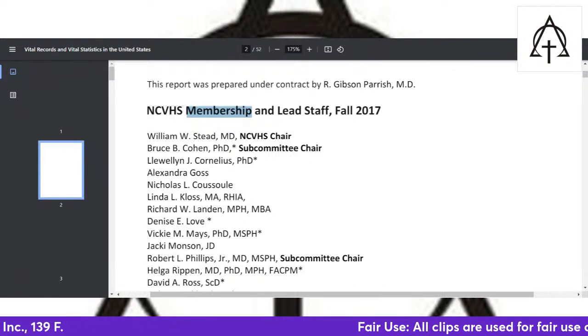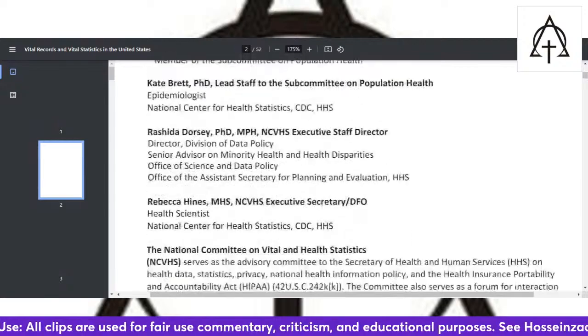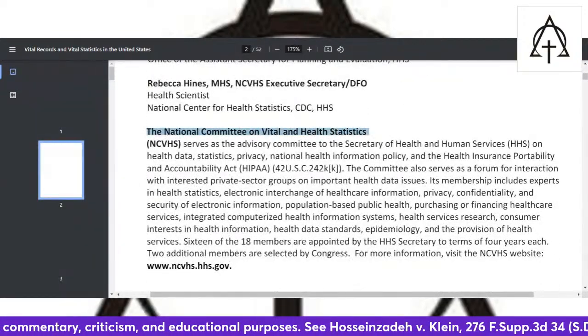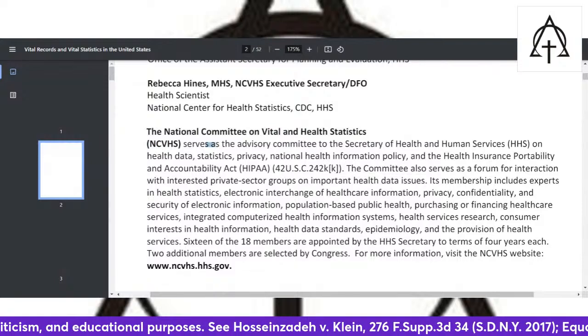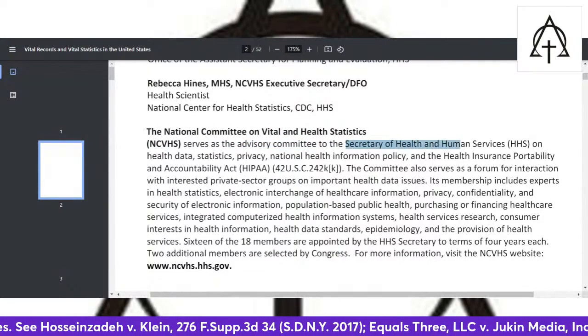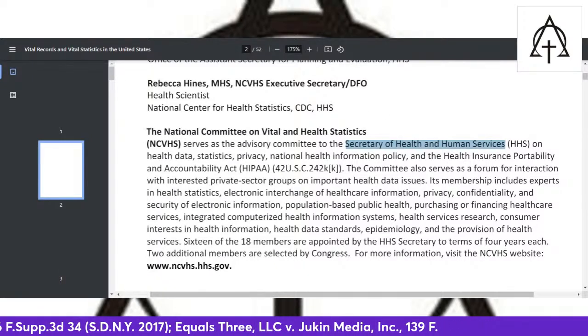See, if you're not a member, then what are they doing collecting data elements on you? The National Committee on Vital and Health Statistics serves as the advisory committee to the Secretary of Health and Human Services. Advisory.